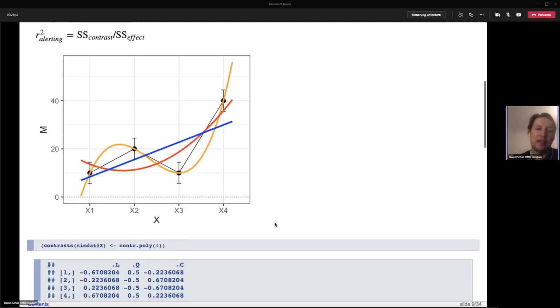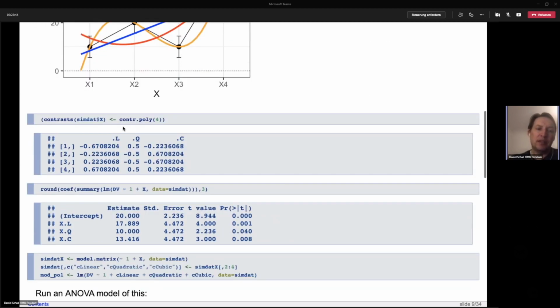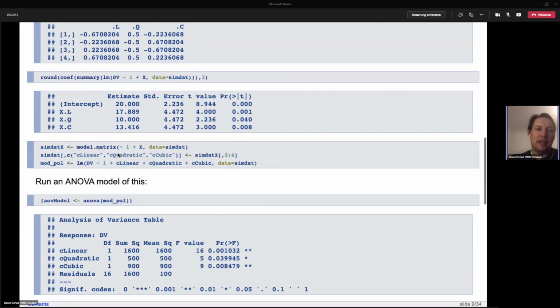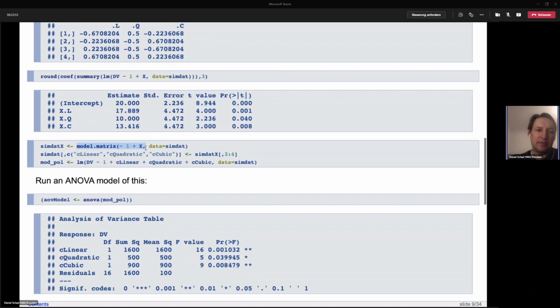Okay, let's do it in an example. We use this contrast poly function, assign this to the model, run the model, and extract the model matrix. We have one factor here, but we want to compute the sum of squares for each contrast separately. So we extract the model matrix, the design matrix, and we store the linear, the quadratic, and the cubic covariates.